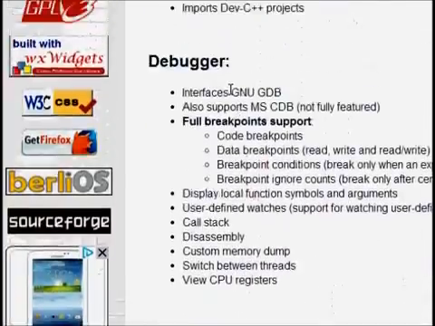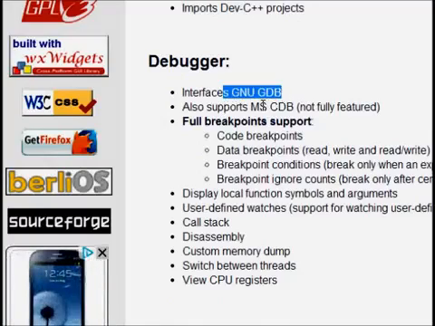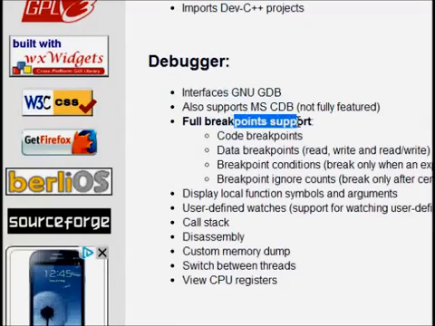Then it has a very good debugger, the GNU GDB interface. It supports full breakpoint support, so when you are debugging a code, you can put breakpoints, including read, write and conditional breakpoints. You can have user defined watches also, to see how some variable is changing.